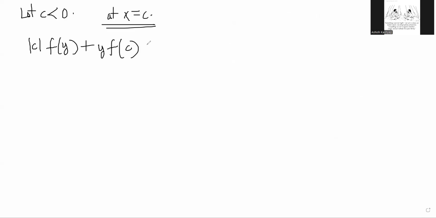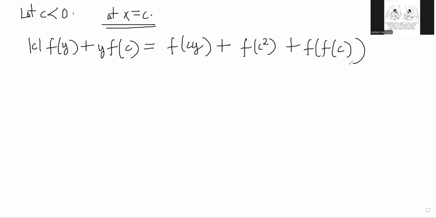So let c less than 0. Now at x is equal to c, if I put x is equal to c in the original equation, I get mod c f of y plus y times f of c is equal to f of cy plus f of c square plus f of c, right?